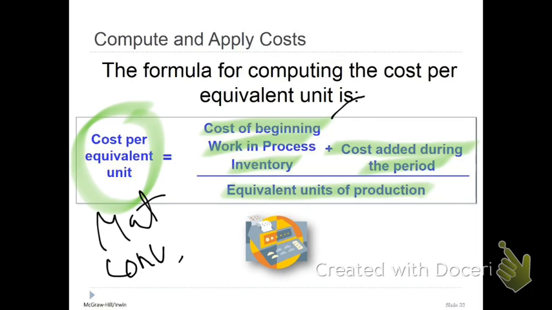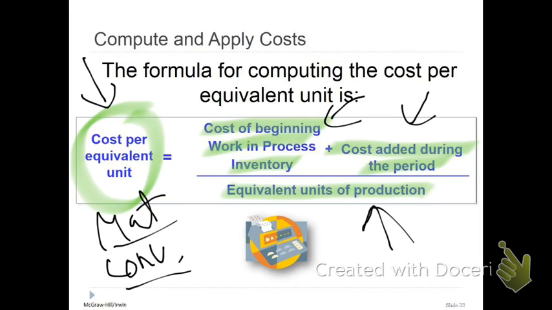Each of them have different costs, different costs that were added, and different equivalent units, and so we're going to come up with a cost per equivalent unit for materials, a cost per equivalent unit for conversion, and then we can multiply that by how many units were transferred out to figure out the total cost of what was transferred out to the next department, or ultimately that went to finished inventories.